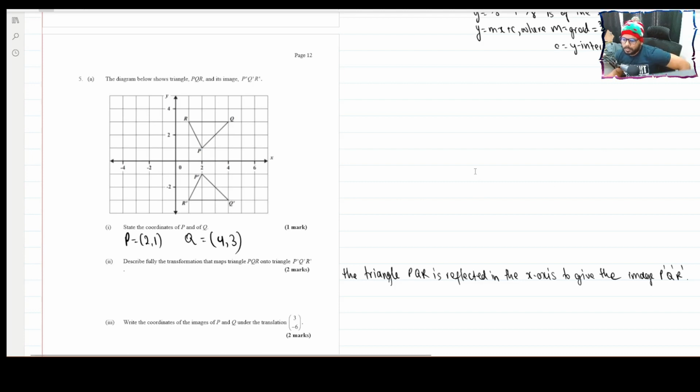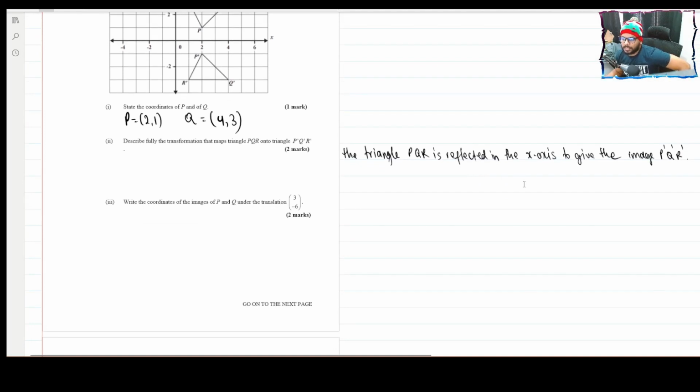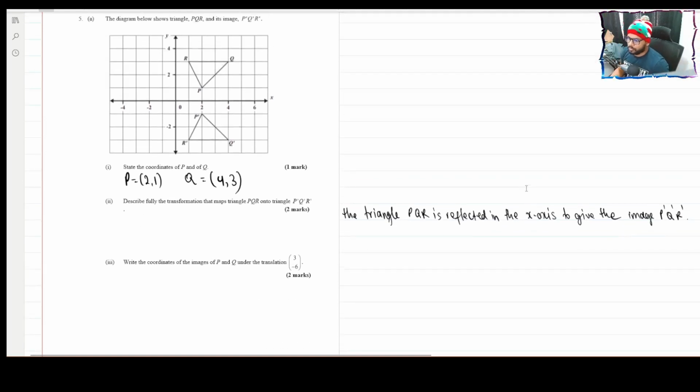Write the coordinates of the images of P and Q under the translation 3, -6. So undergoing a translation, we need to first change the coordinates into vector form and then add it to the translation vector. So I'm not going to use P prime, I'm going to use P double prime.